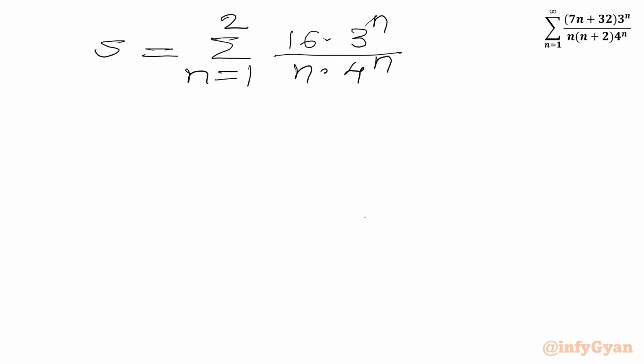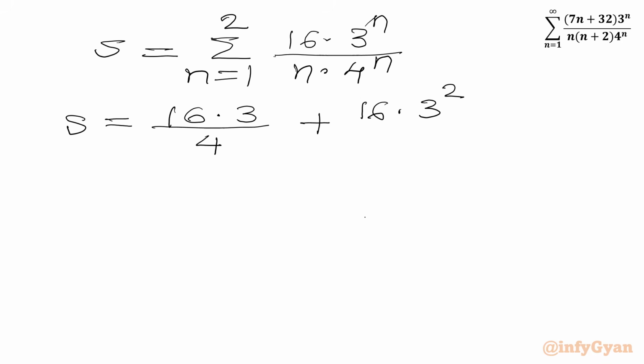Now we will put n = 1 and n = 2. So we will get S equal to 16 times 3 power 1 over 1 times 4 power 1, plus n = 2: 16 times 3 power 2 over 2 times 4 power 2.